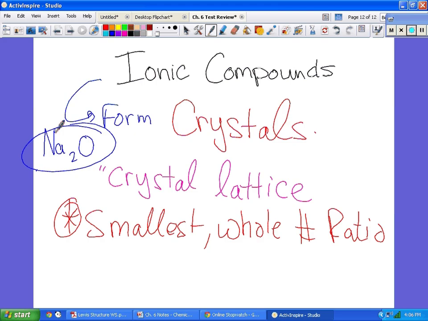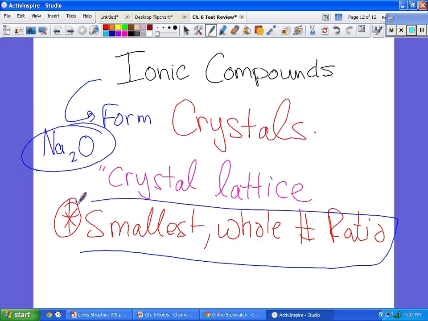Every time I give you 10 sodiums, 5 oxygens. Every time I give you 20 sodiums, 10. So it's always half, or double. If I give you 100 oxygens, 200 sodiums. Bottom line, don't think too hard. It's the smallest whole number ratio.